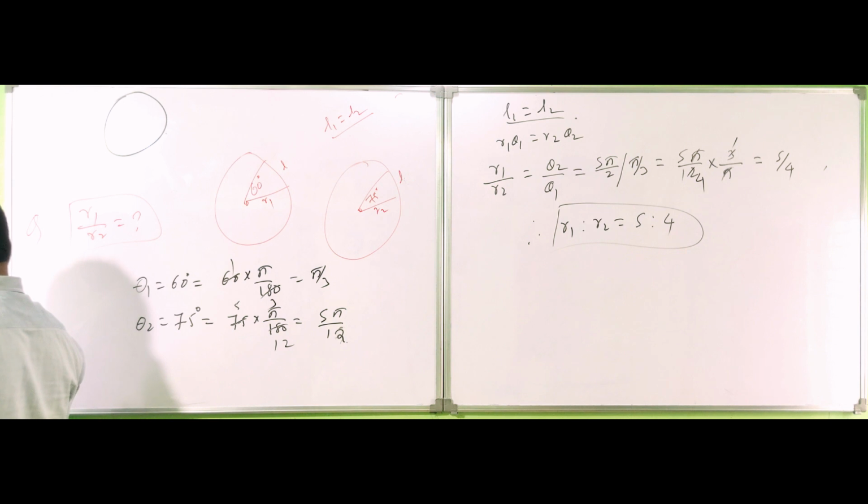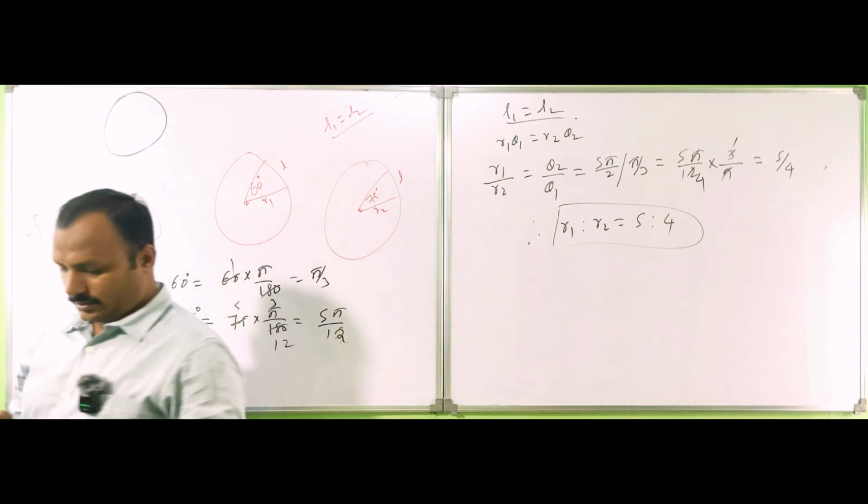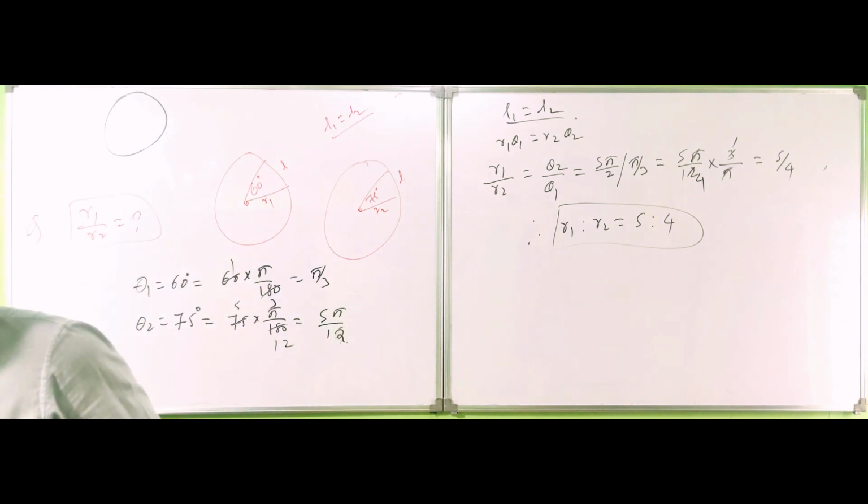Next question. The large hand of a big clock is 35 cm long.